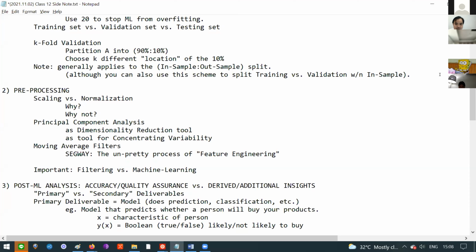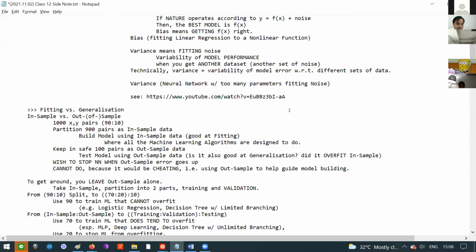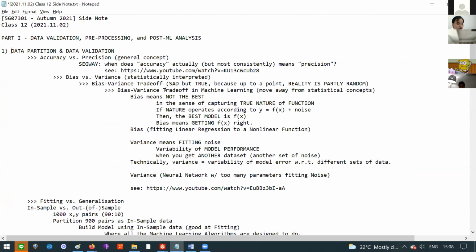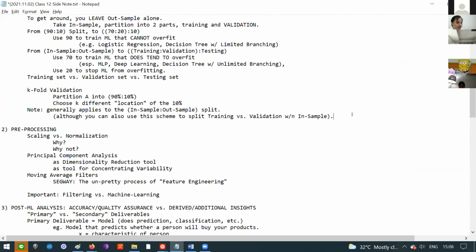So we talk about the importance of making sure that you're developing a model with training, but you don't cheat, because you're testing against data it hasn't seen. So you know that it's fitting well, but it's also generalizing well and so forth.